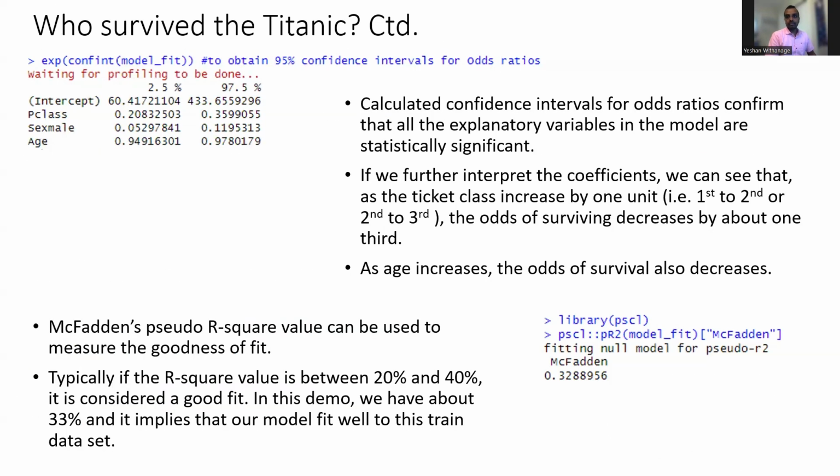That implies as age increases, the odds of survival decreases. And also the p-class coefficient is negative. That means as we go higher in the class, it has a more survival opportunity, right?